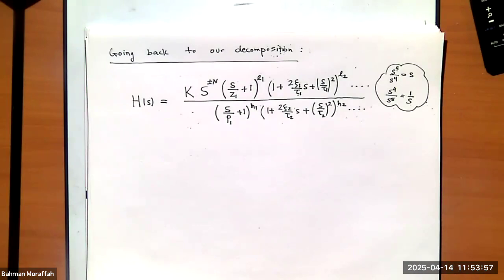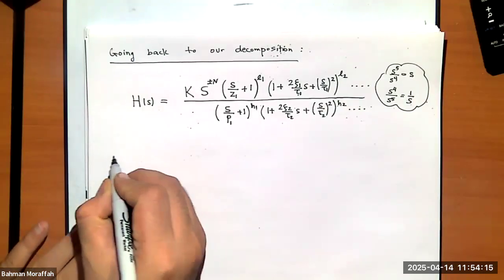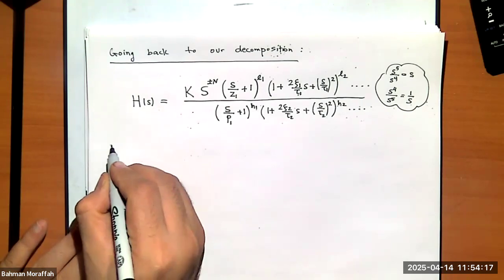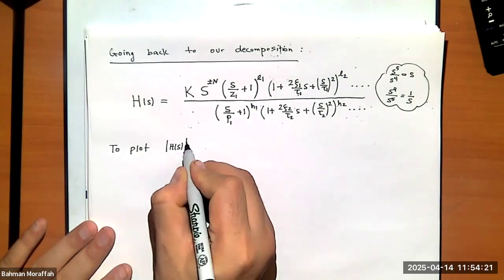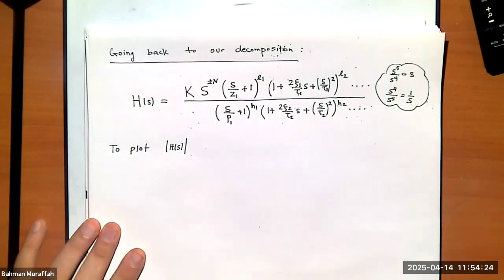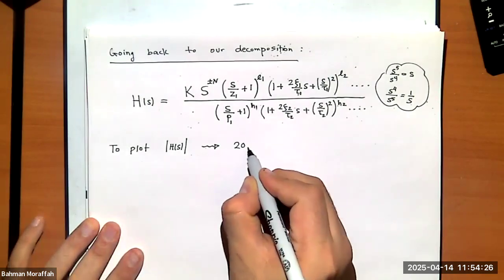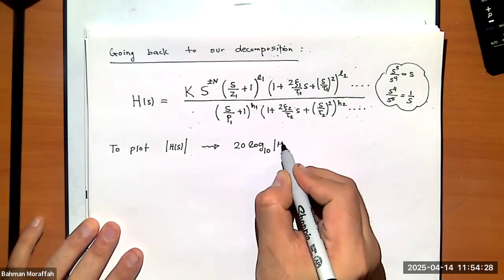The question is, how can I plot this? Like I said, we're going to take a log, and these become summation and subtraction. So if I take a log, to plot the magnitude of H of s, we're going to plot 20 times log 10 of the magnitude of H of s.